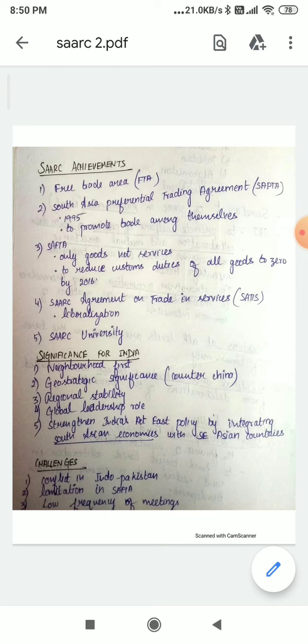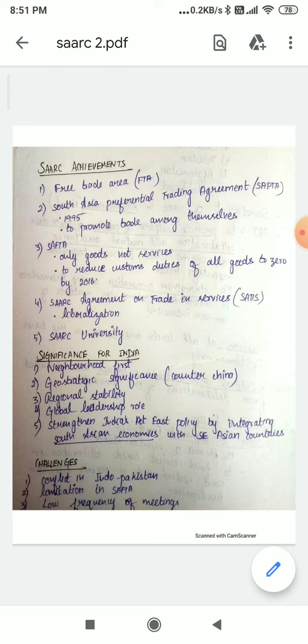We can engage with them, develop their economy, and invest in their capital investments, and we can counter China. Because China is engaging with Pakistan in the One Belt One Road initiative, we can counter it. This is what is called geostrategic significance.